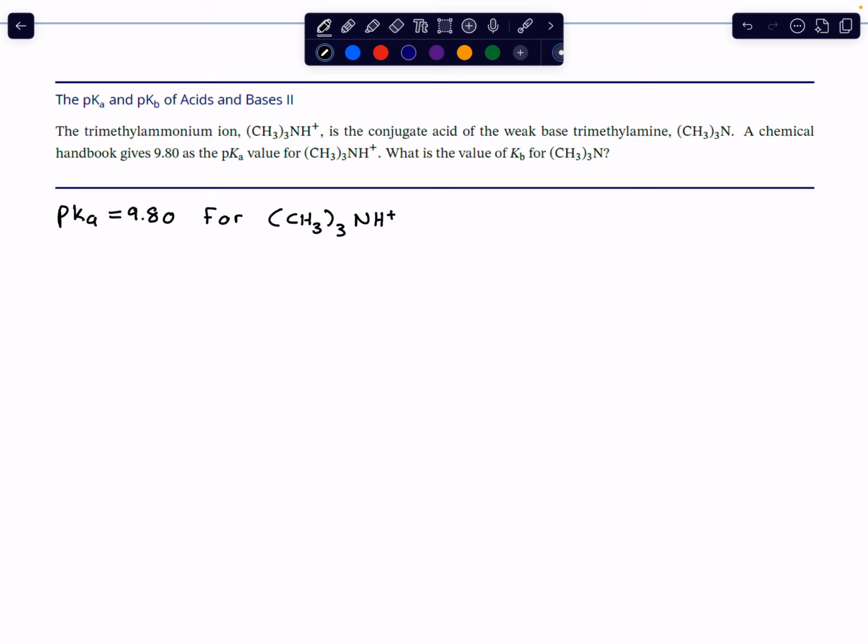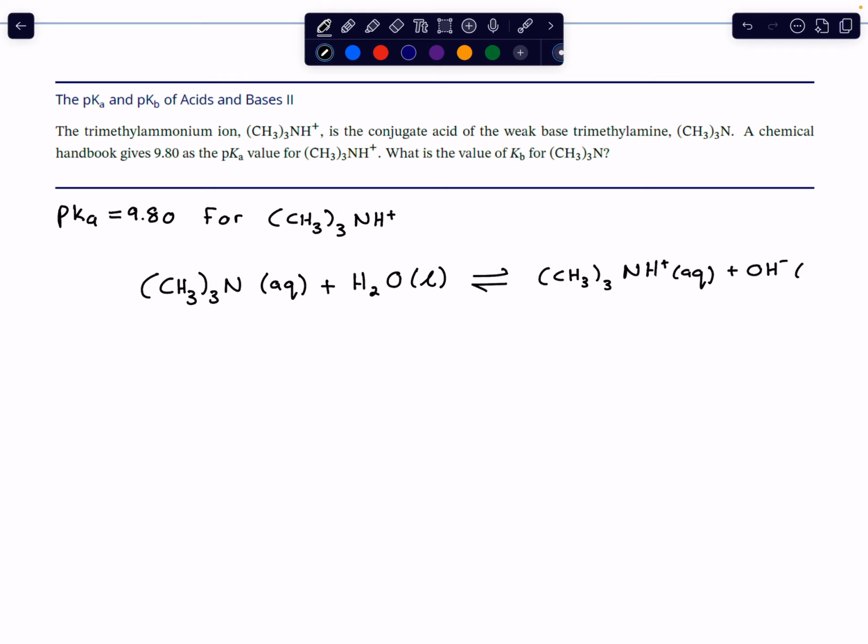If you think about it, (CH3)3N when dissolved in aqueous solution can react with water, H2O liquid, to form an equilibrium with (CH3)3NH+ aqueous plus OH- aqueous.